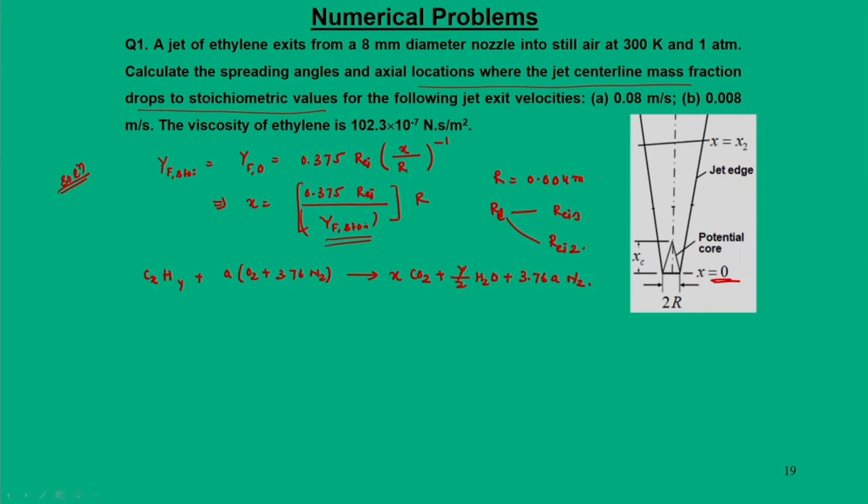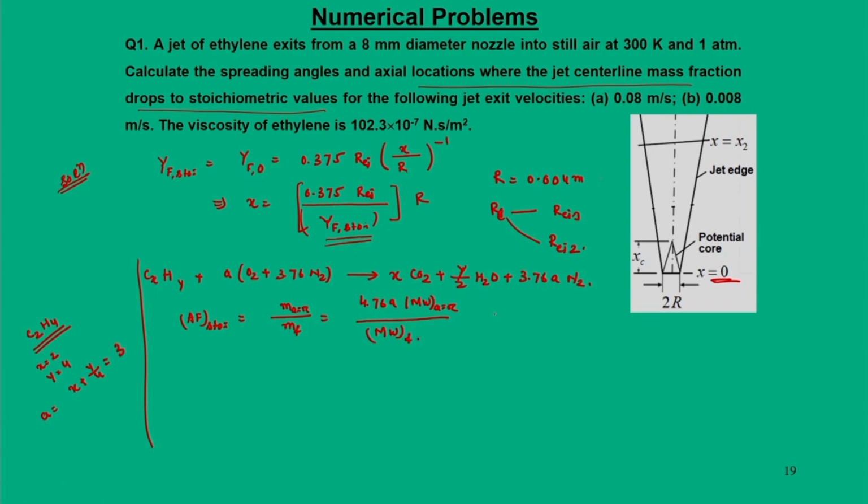So, for ethylene, C2H4, that means x is equal to 2, y is equal to 4, and A is equal to x plus y by 4, and that number is 3. So, we can write the stoichiometric air fuel ratio as m air by m fuel, and that expression is 4.76 A times the molecular weight of air by the molecular weight of fuel.